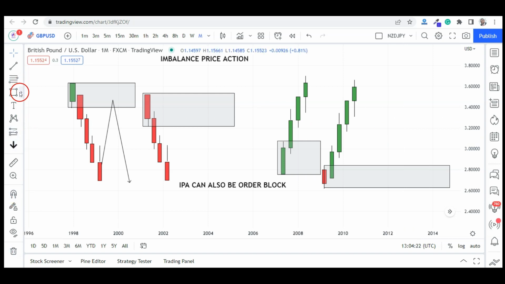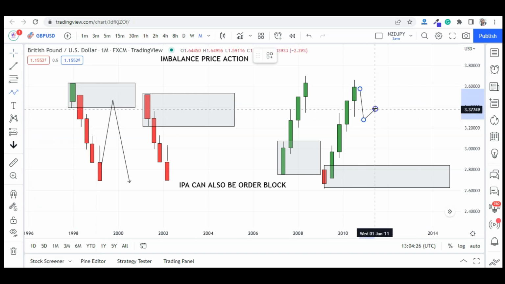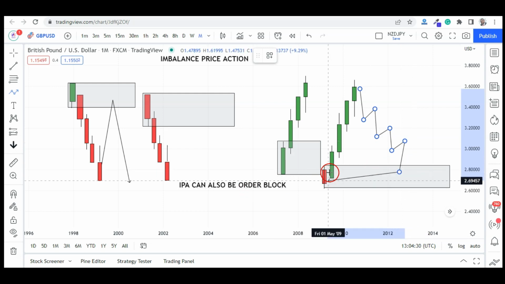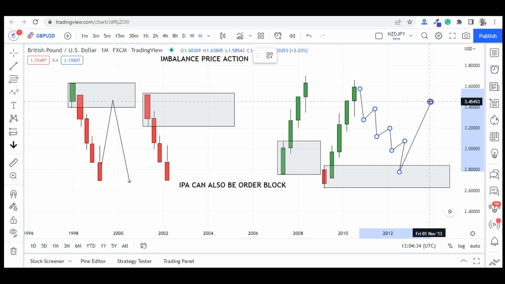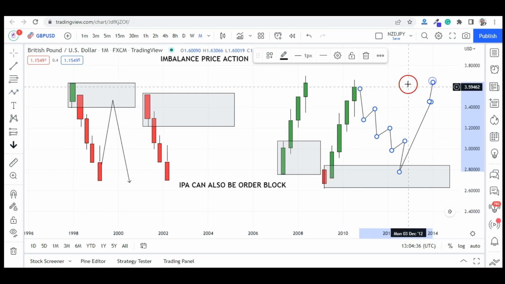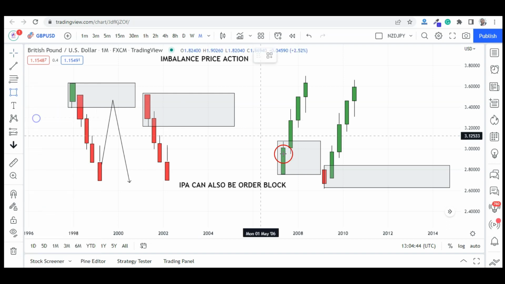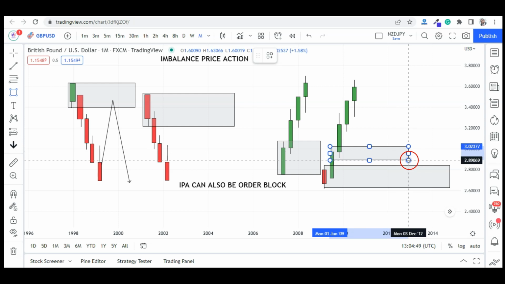So in this case here, we have the market comes down here. When it gets in here, because it has filled up the imbalance, you can decide to look for a trade setup. And most people, if you do not understand IPA, price may move from areas like this, this hidden base.